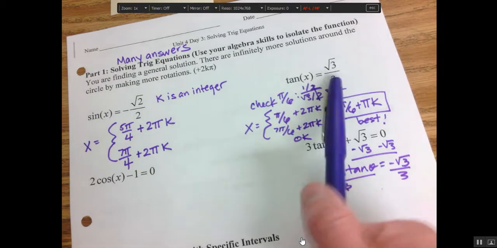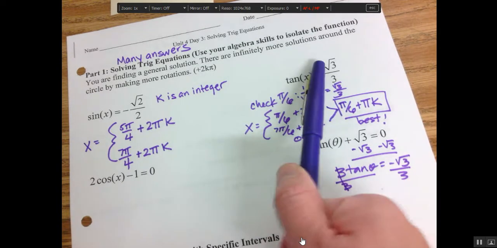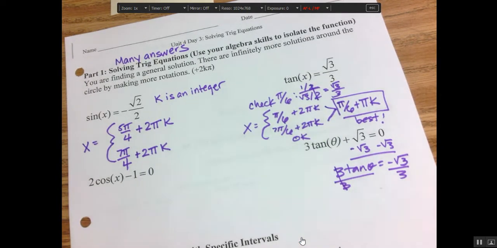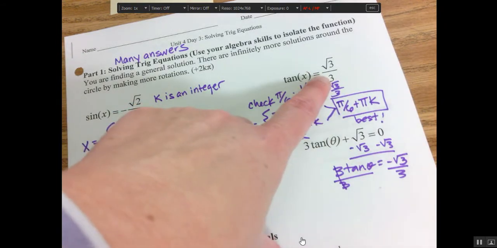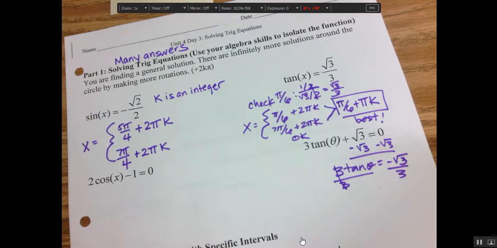Now up here, we found pi over 6 was going to give us positive root 3 over 3, so it's probably the same family. So what do you guys think? Which angle should we check? That's the right family, but what quadrant? Well, we want to check the pi over 6 family, though, because that gave us root 3 over 3. 5 pi over 6 is a good one to check.